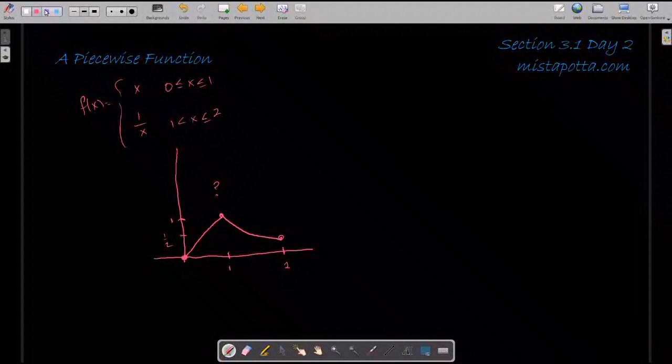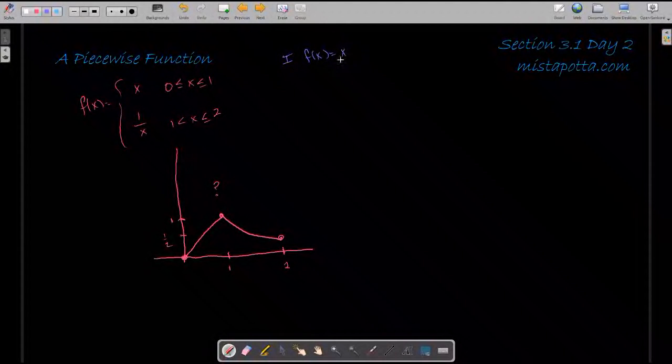So if I want to take a look at part 1, where f of x is x, then I'm going to be looking for the limit as x approaches 0 from the left, because I'm only looking at values that are to the left of that graph.